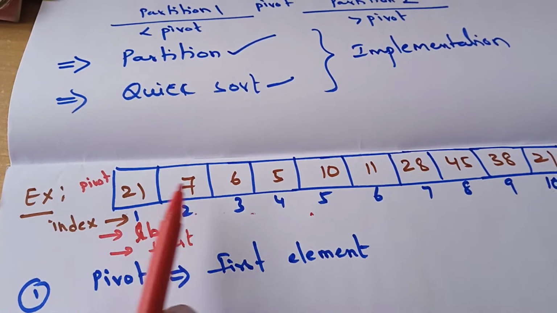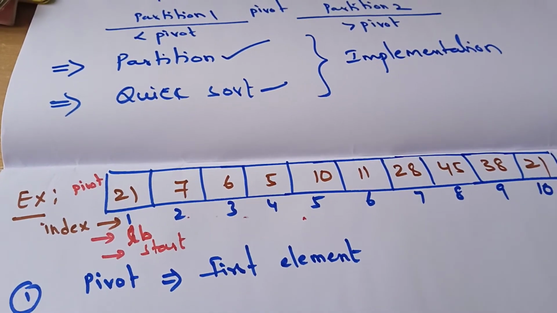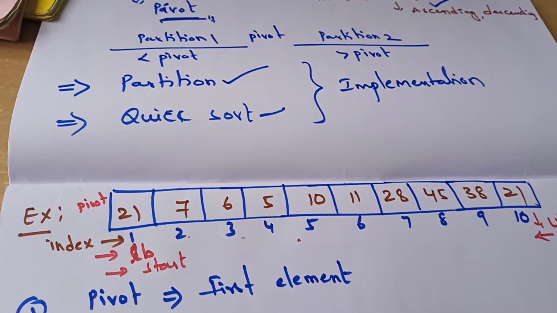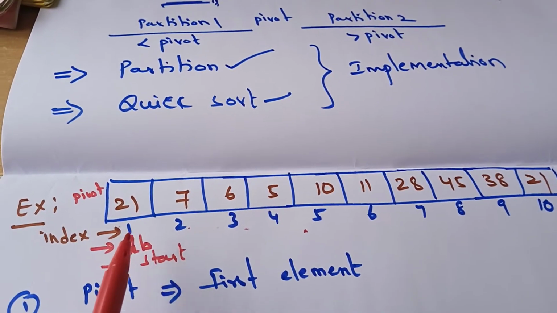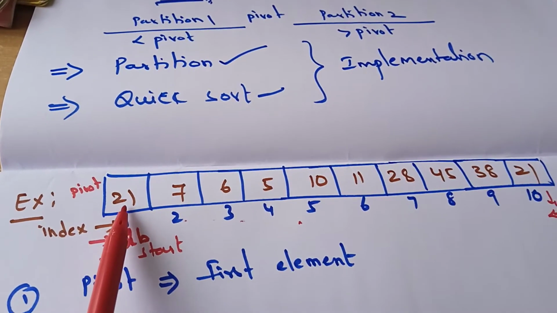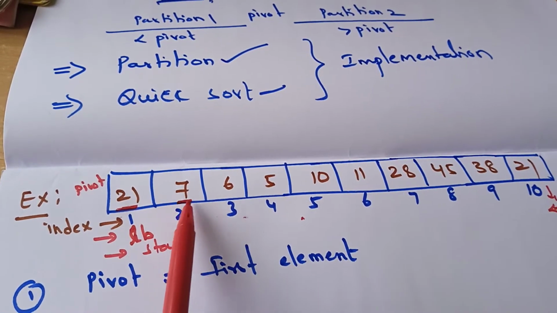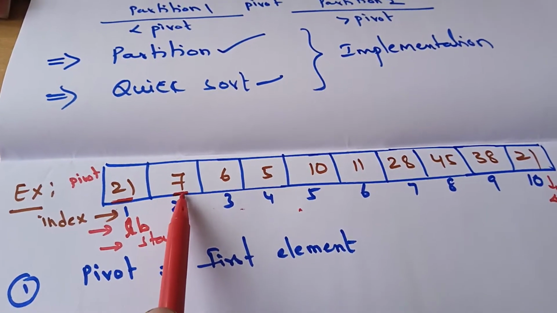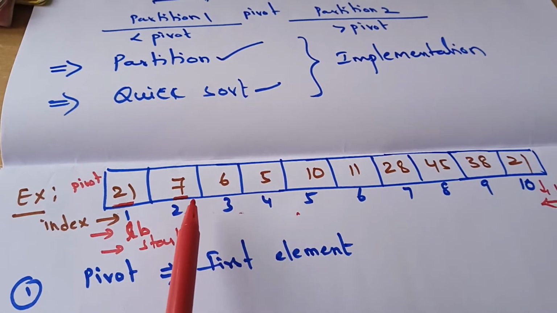To compare this, we will follow one algorithm. When you compare the pivot with the next element and find that the element is lesser, a lesser element can be on the left side, right?